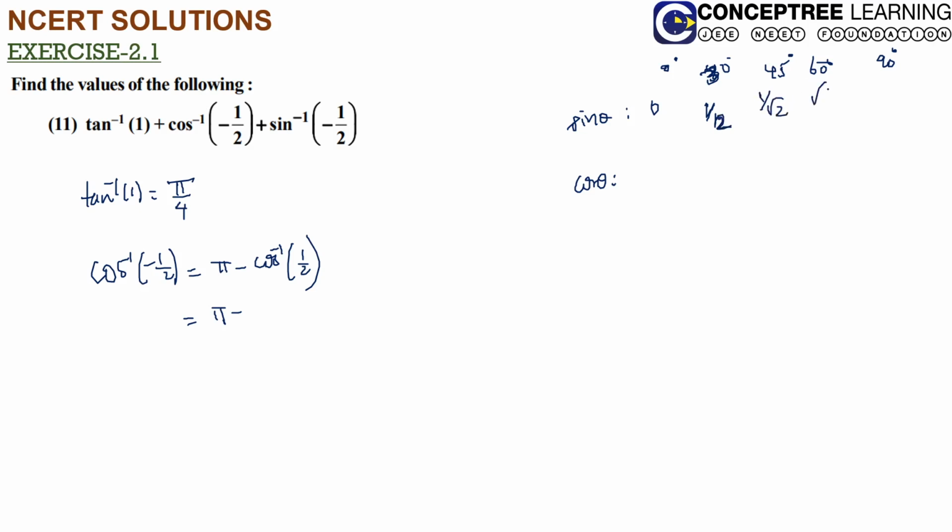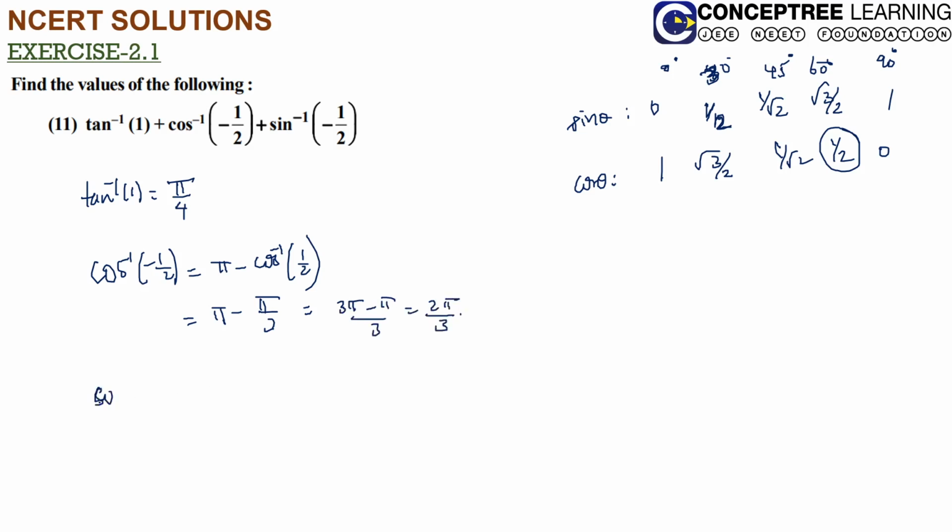Sine 60 is root 3 by 2. And sine 90 is 1. So the reverse will give us 1, root 3 by 2, 1 by root 2, 1 by 2 and 0 for cos. So cos inverse of 1 by 2, for what angle? 60 degree. That is pi by 3. So that is equal to 3 pi minus pi by 3, which is equal to 2 pi by 3.